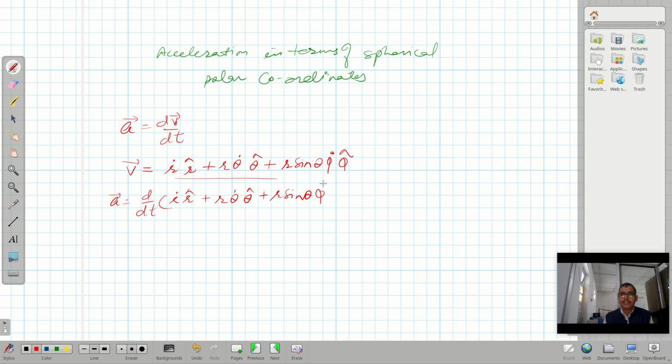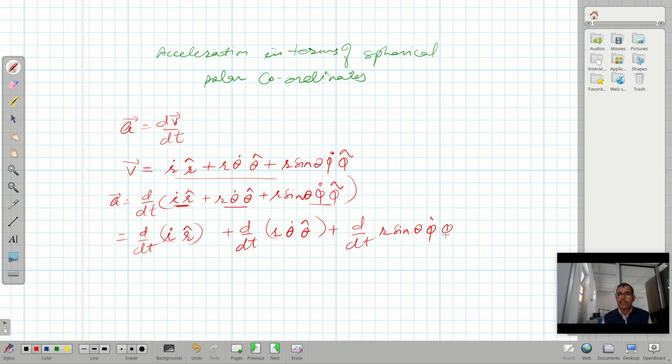So we have to take the derivative of each term separately: d upon dt of r dot r cap, plus d upon dt of r theta dot theta cap, plus d upon dt of r sine theta phi dot phi cap.